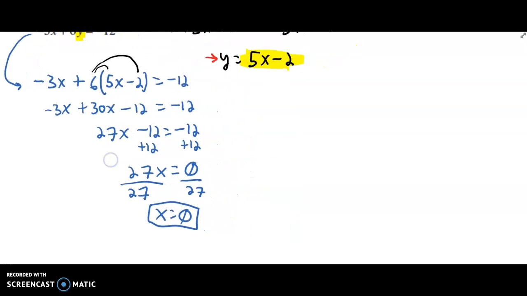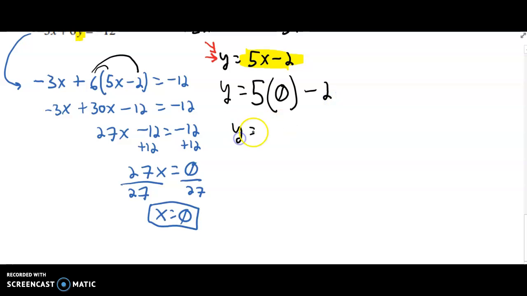Let's plug that back in right here to find out our value for y. So y equals 5 times 0, because x became 0, minus 2. 5 times 0 is 0. 0 minus 2 is negative 2.